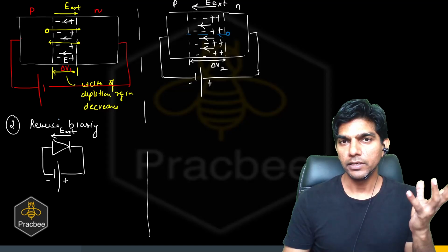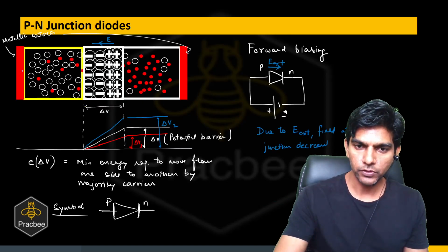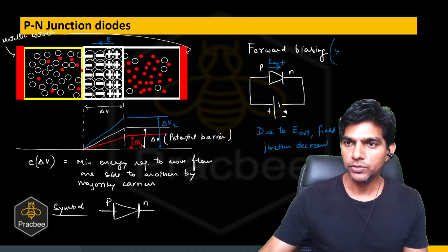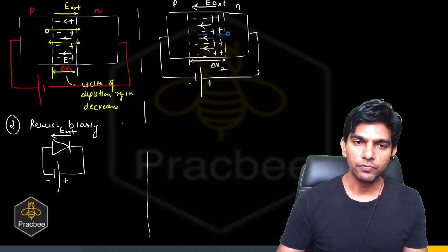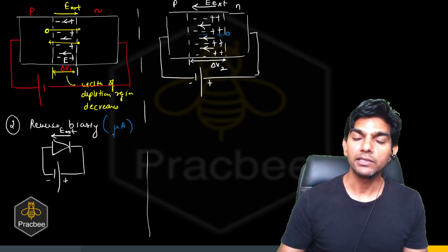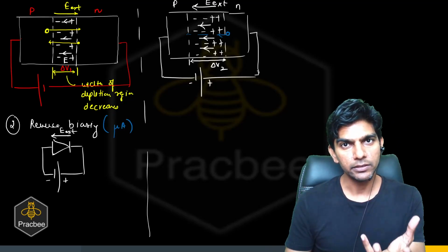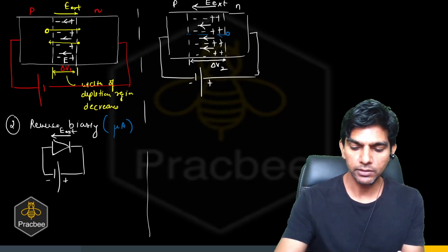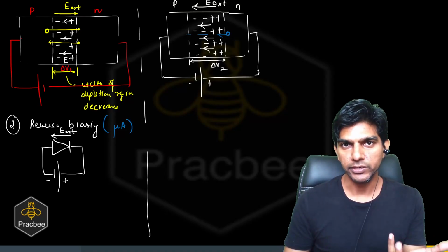So in forward biasing, the current is of the order of milliampere, but in reverse biasing, it is of the order of microampere, nearly 1,000 times lower. Because in reverse biasing, minority carriers constitute the current, but in forward biasing, we have majority carriers. So we have to remember these points in mind.